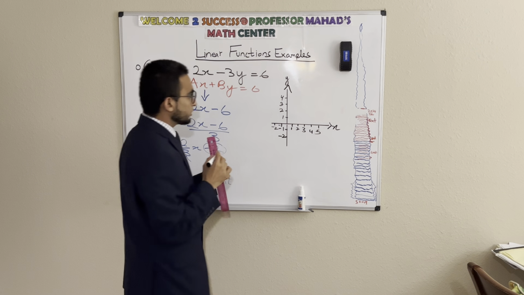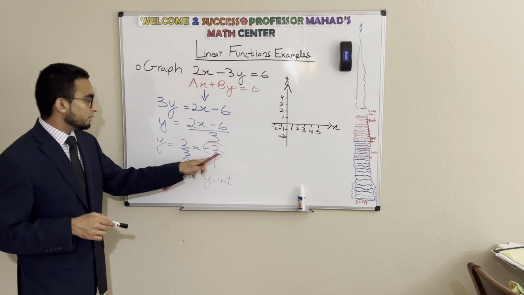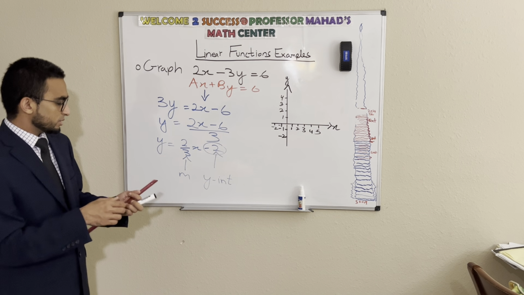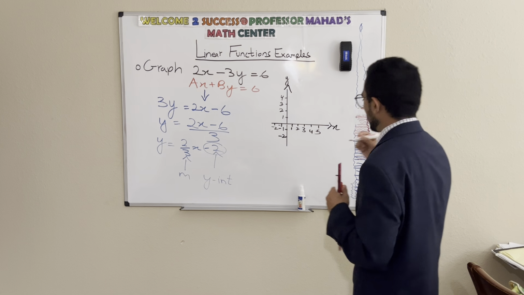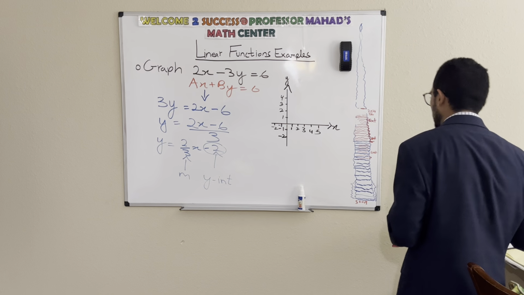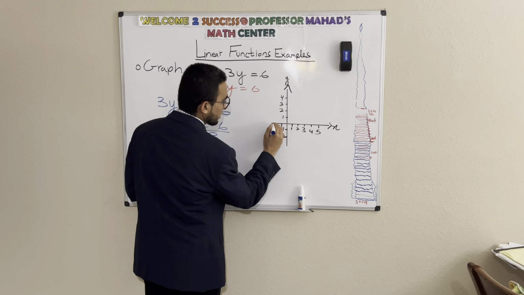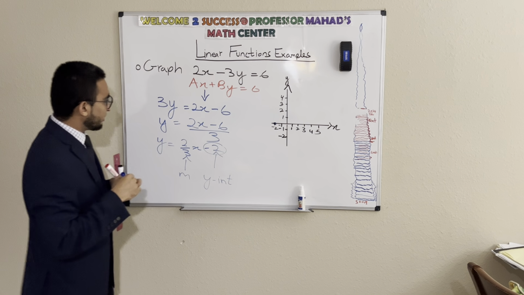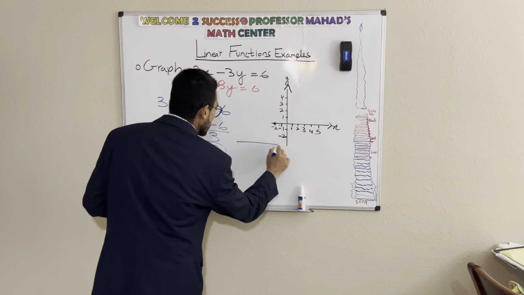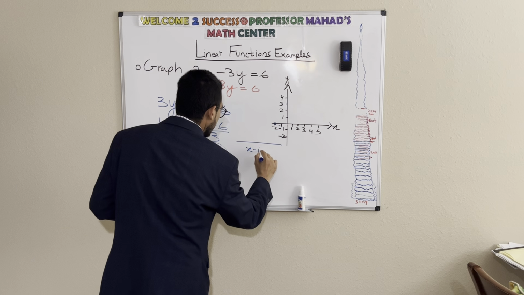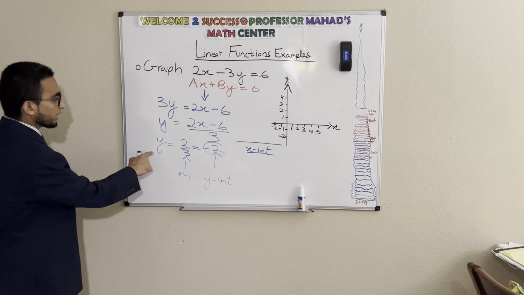Okay, so that's our graph. Now we already know that the y-intercept is -2. So let us make a dot at -2. Now how do we find the x-intercept? For the x-intercept, all you need to do is to plug in y as 0.